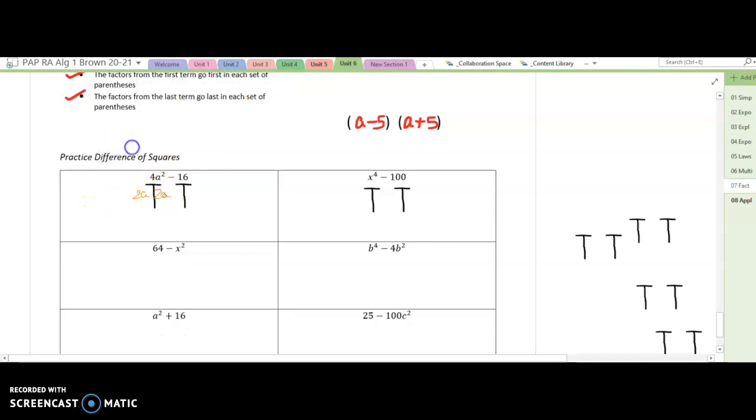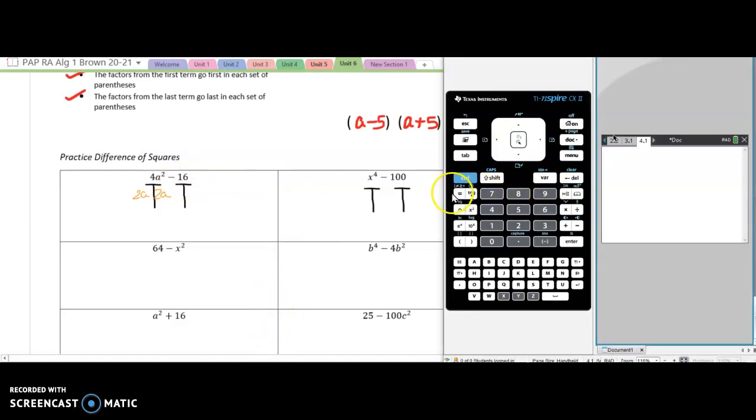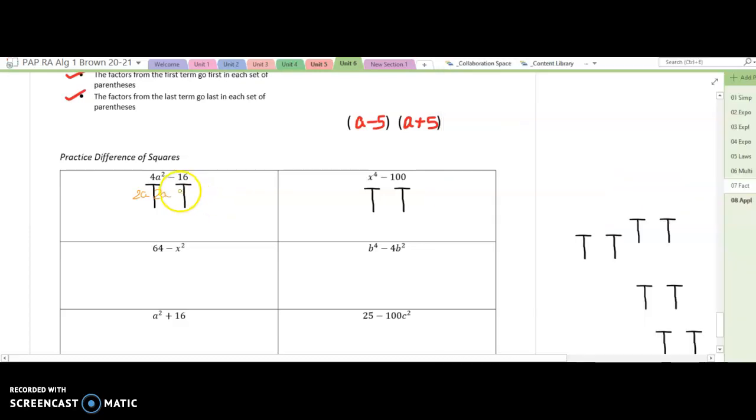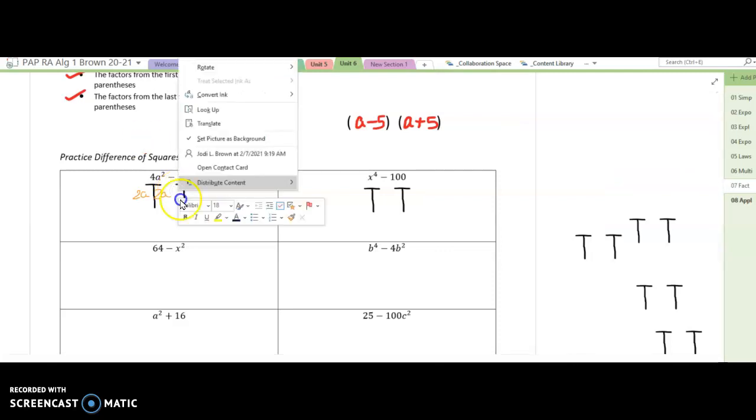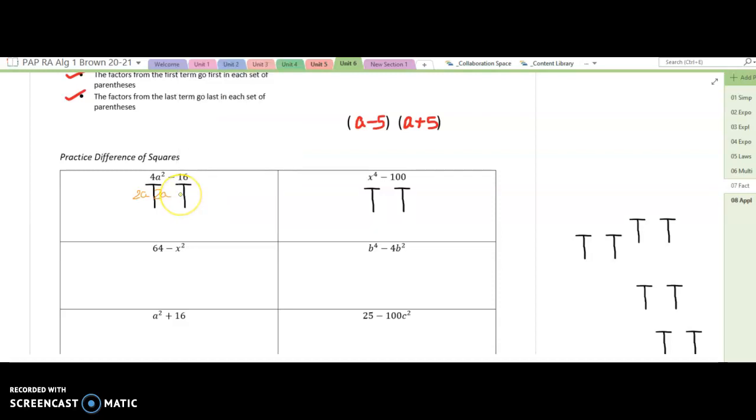Then 16, I see 16 is a perfect square. I'm going to take the square root. The square root of 16 is 4. So 4 times 4 gets me 16, and a negative 4 times positive 4 gives me the negative 16.